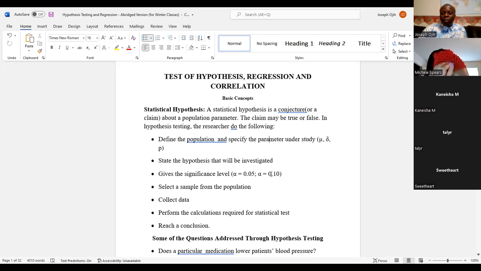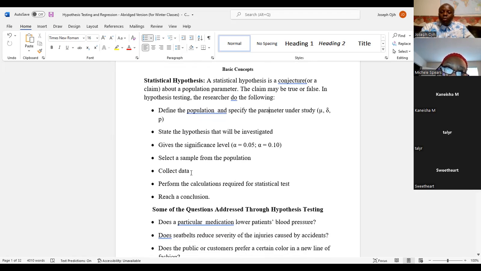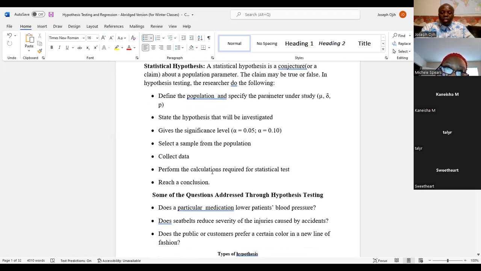If you are 90% confident, your chance of being wrong is 10%, meaning that your alpha will be 0.10. So we give our significance level, then we select a sample from the population, we collect data from that sample, we perform all the necessary calculations that we need for the test, then do the test and reach a conclusion.